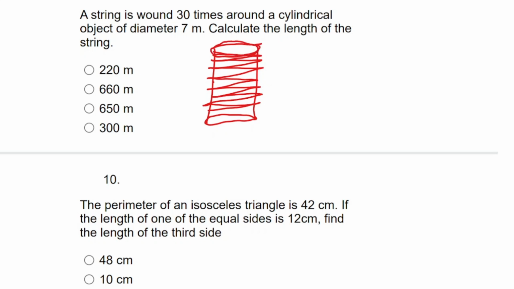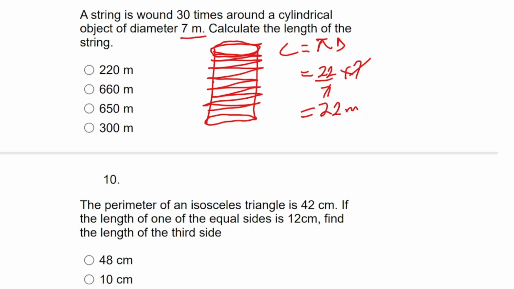That's all we're going to do. The diameter of the cylinder is 7 meters. So the circumference is pi d, which is 22 over 7 times 7. This will give us 22 meters. That is the circumference of the circular part of the cylinder.